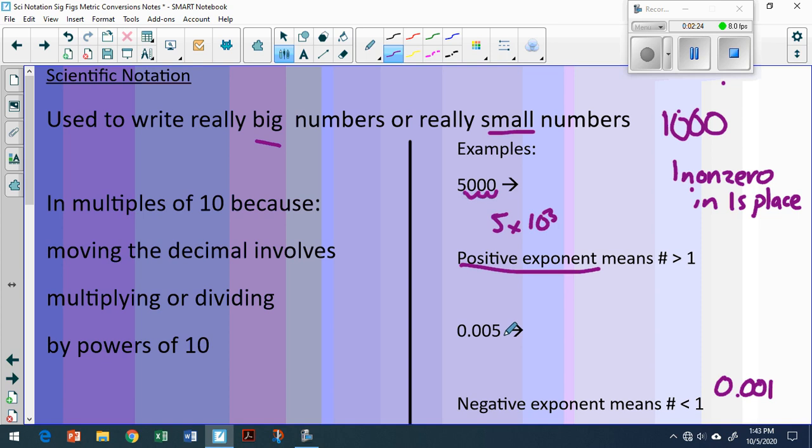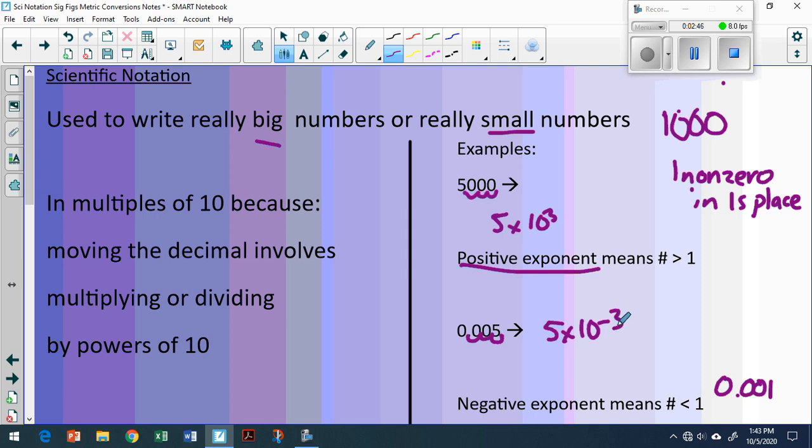Now let's say we are looking at our negative exponents related to numbers smaller than 1. So I'd still need to put the decimal place to the right of the 5 to have my single non-zero digit in the ones place. And this time I had to move the decimal also 3 positions, but the other way. So here I would have 5, but because it's a number less than 1, I need a negative exponent.